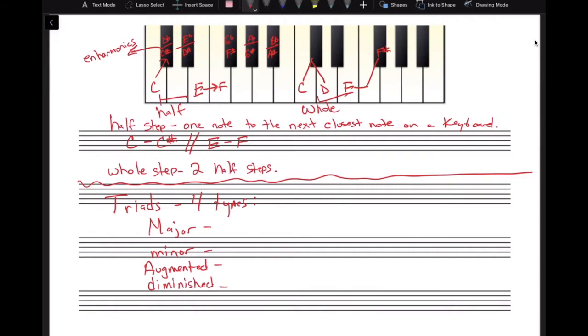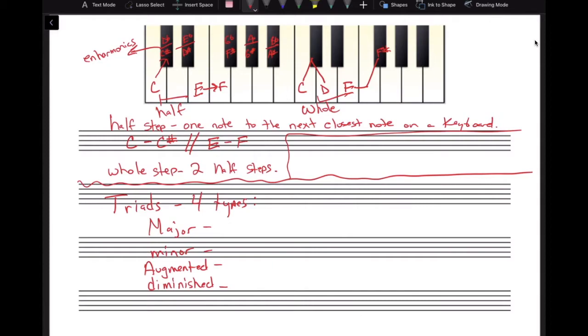Now, all of these triads are going to be made up of different types of thirds. If I come over here real quick, and we'll just insert this right here, we have 2 types of thirds that we're going to deal with.